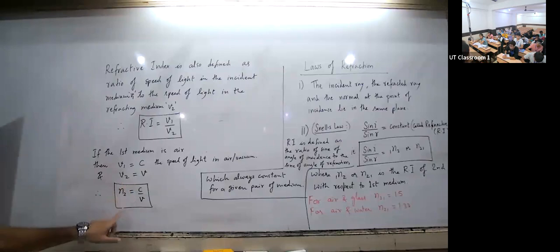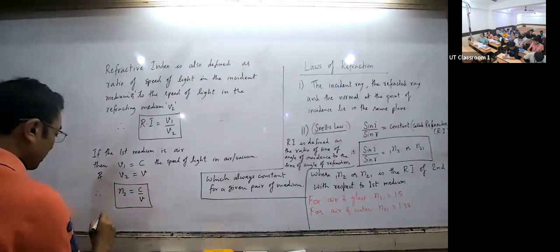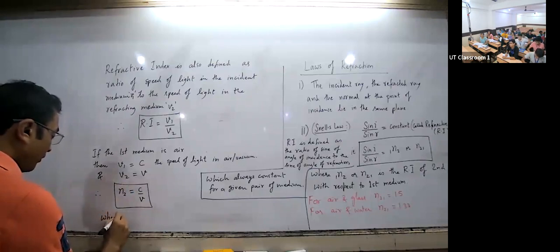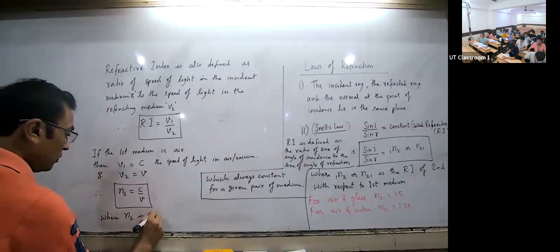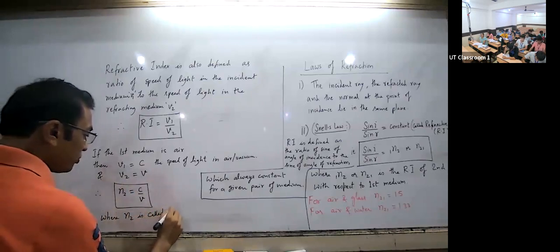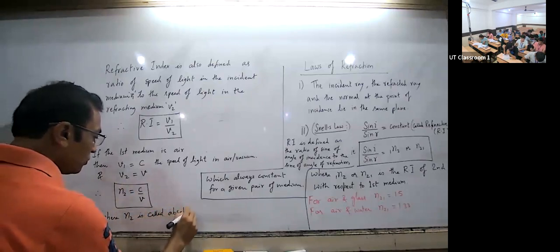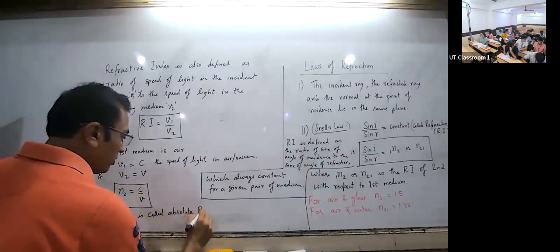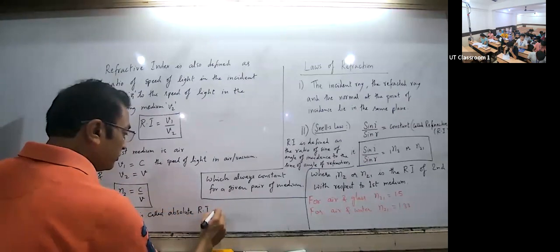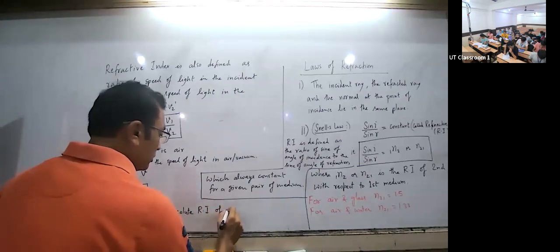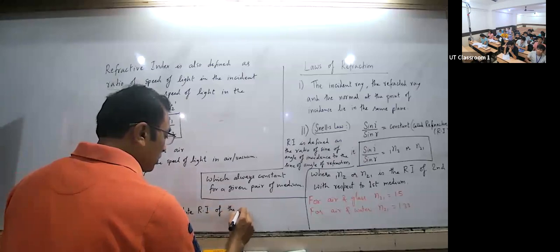Now we call this n2 the absolute refractive index. Right. Where n2 is called the absolute refractive index of the second medium.